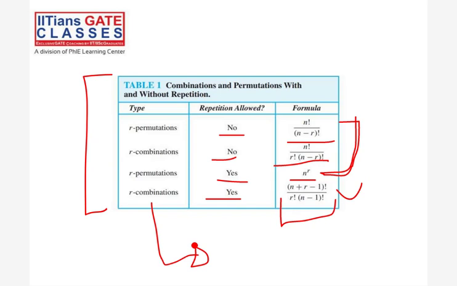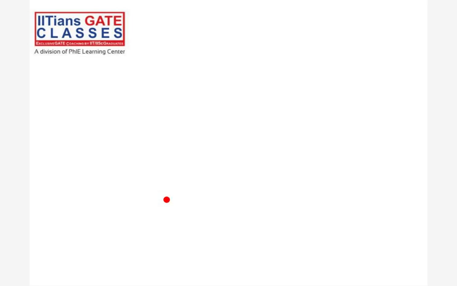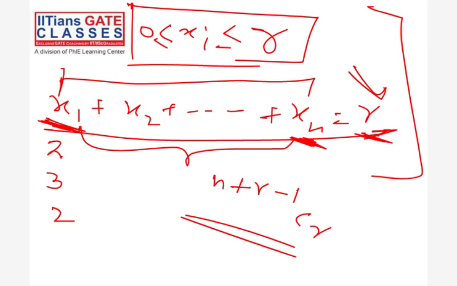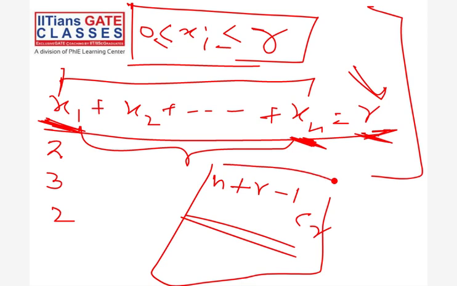You will read the problem, and as soon as you read it, if you find that this problem has the same template as this one, then you can easily apply this formula and get the answer. So the only thing is identifying the template, which I have already discussed. This template has n distinct types of elements.